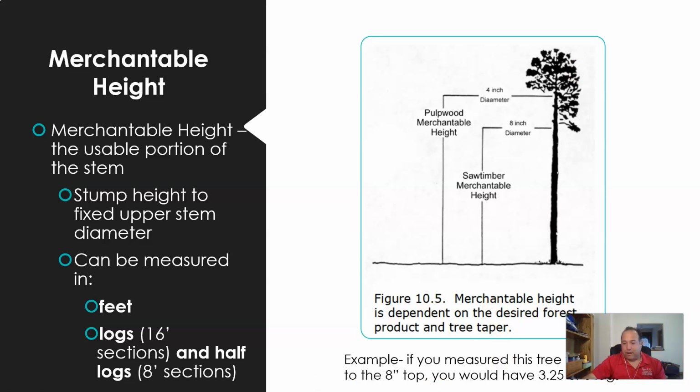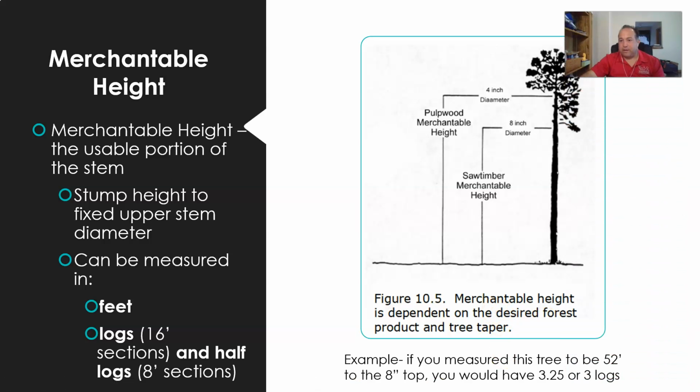So if I move myself out of the way here up to the top, you can see my example here that says if you measured this tree to be 52 feet right here, 52 feet tall to this 8-inch top, you could record that as 52 feet, or you could say that it's a 3-log tree, because 52 feet actually comes out to be 3.25 logs, and we're just rounding down. So you could round that up and say it's 3.5, or you can round it down.